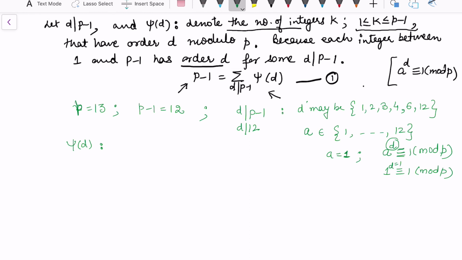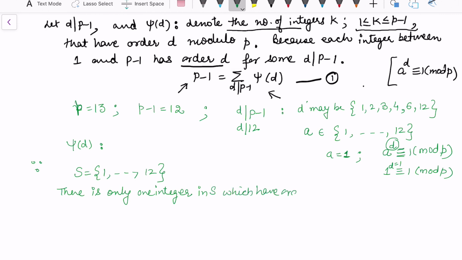This means there is only one integer in the set 1 to 12 which has order 1, and that is 1. So 1 has order 1.